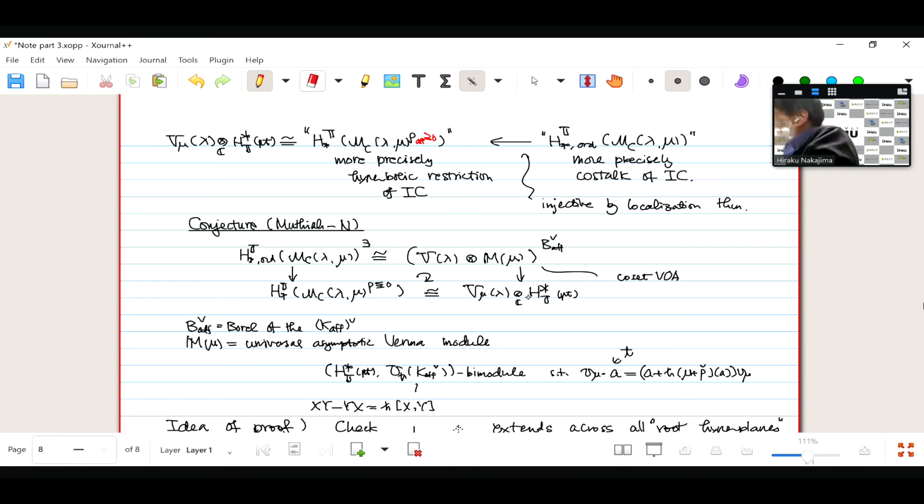So maybe I should also say this is based on a similar statement in the finite dimensional setting, proved by Ginzburg and Lehn.